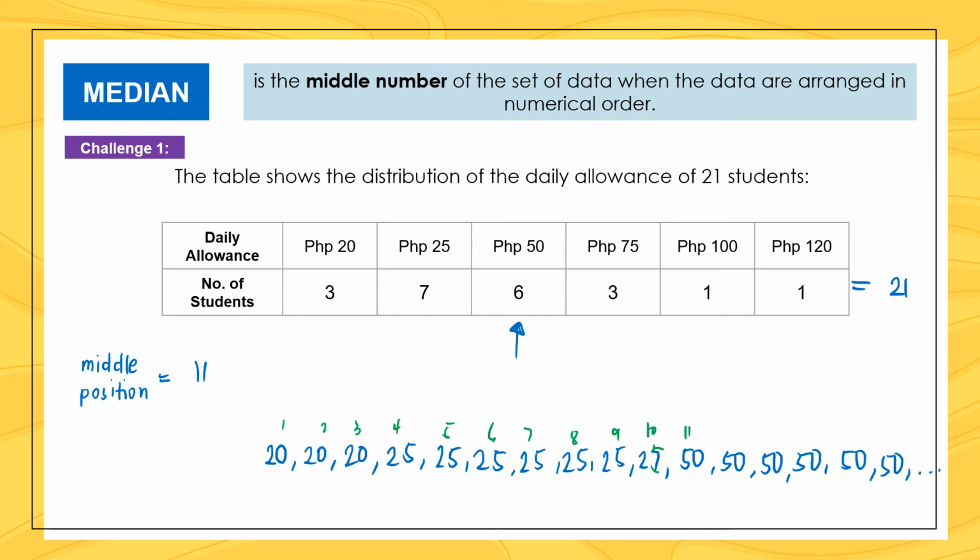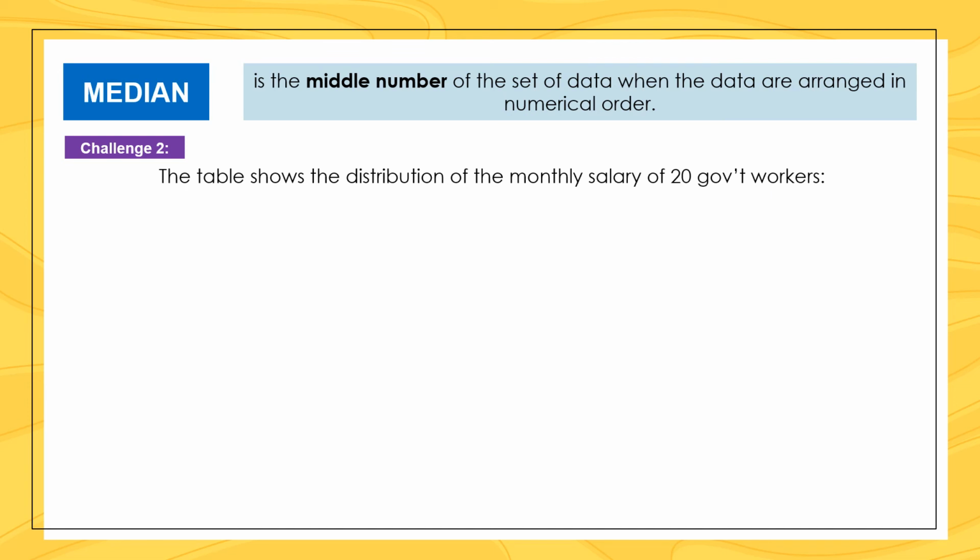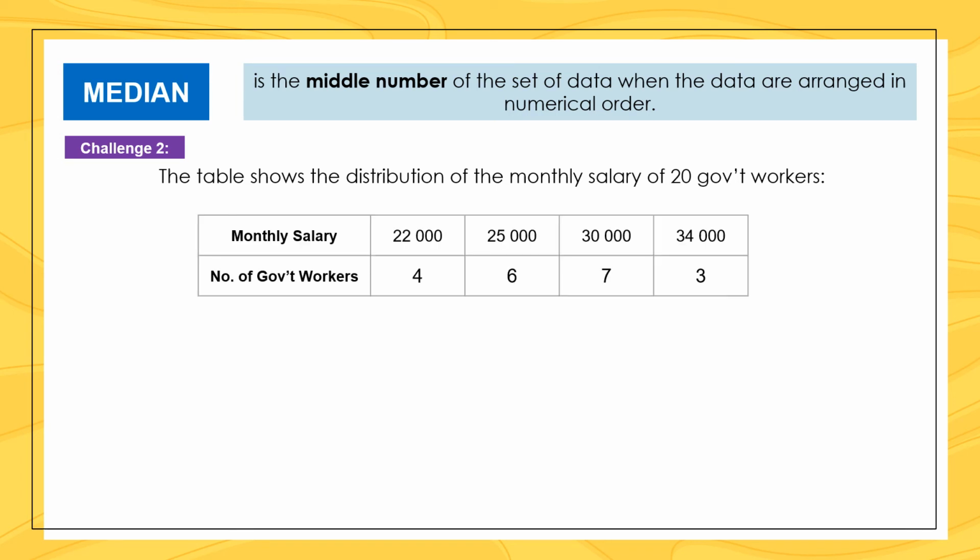organized using a table. For your challenge number 2, let's kindly get a piece of paper or your notebook and try to find out the median of the monthly salary of the 20 government workers. You may pause this video for a while.